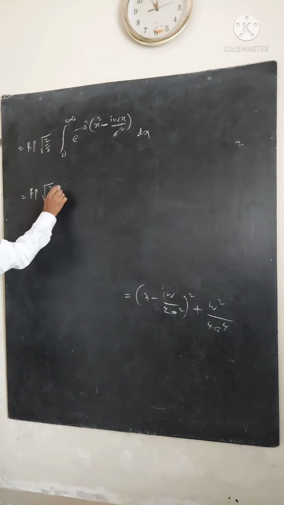Equal to real part of root of 2 by pi, integral 0 to infinity, separate into two. Bring a square inside: e power minus a square x minus i omega by 2a square whole square, minus a square omega square by 4 a power 4, dx.